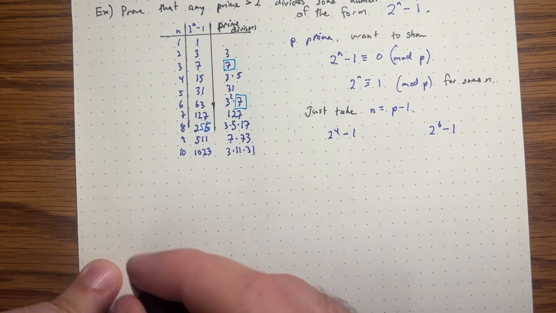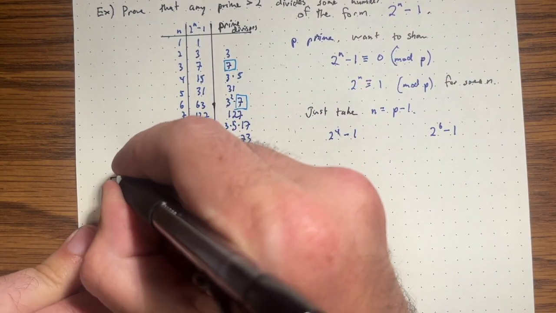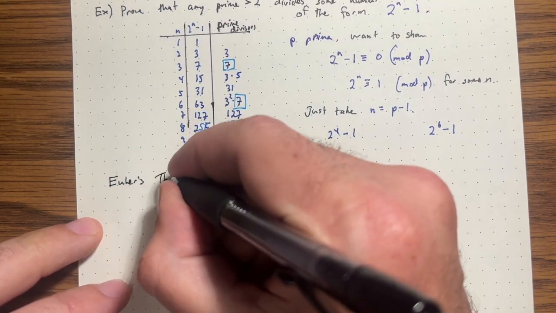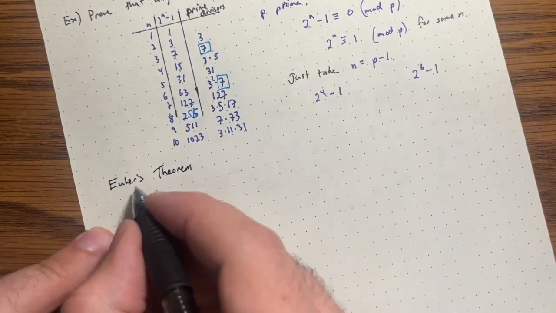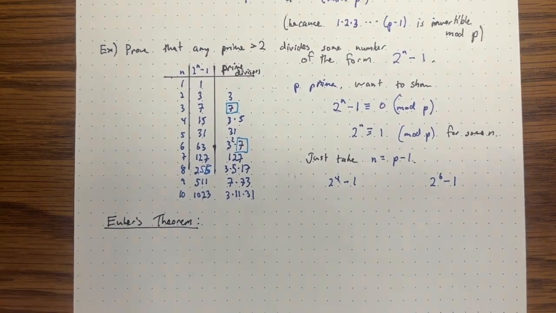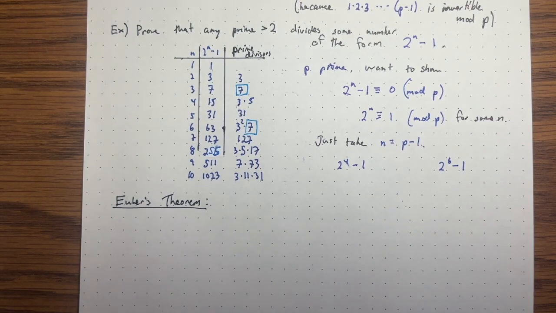Let's take this a step further. So there is a generalization called Euler's theorem. And Euler's theorem is essentially an attempt to make Fermat's theorem work for a non-prime modulus, for example, 10.